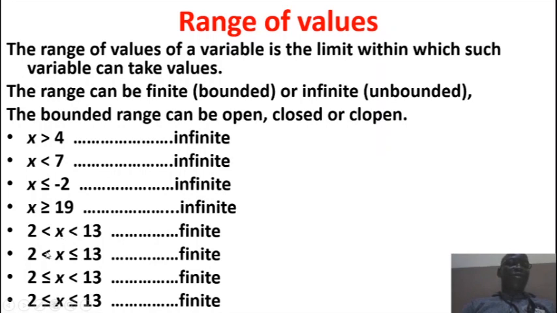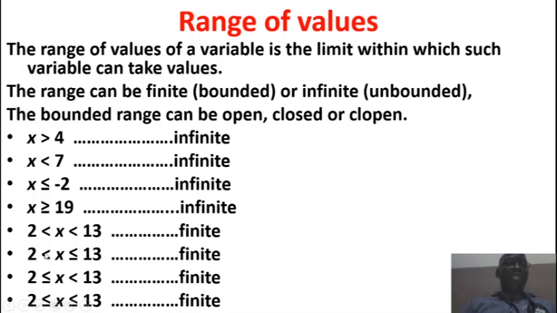This is left open and right closed. This is left closed and right open, and this is left closed and right closed. So left open and right open means open range.